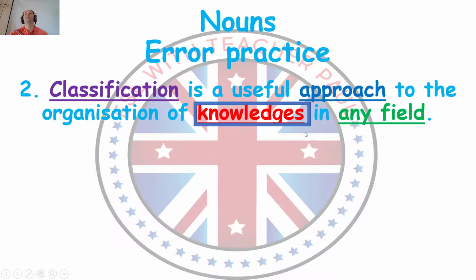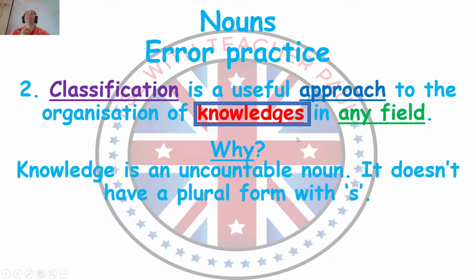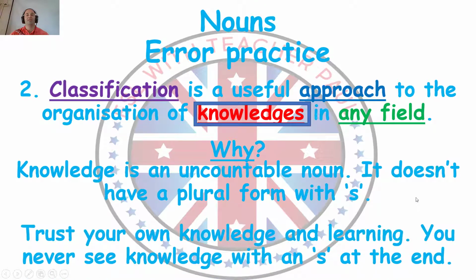Okay, so that is the answer. Sometimes you just have to trust what you know. Knowledge is an uncountable noun. It doesn't have a plural form with S. Okay, you can say she has a lot of knowledge, but we never say she has knowledges. Okay, it's never countable. Okay, just trust yourself.